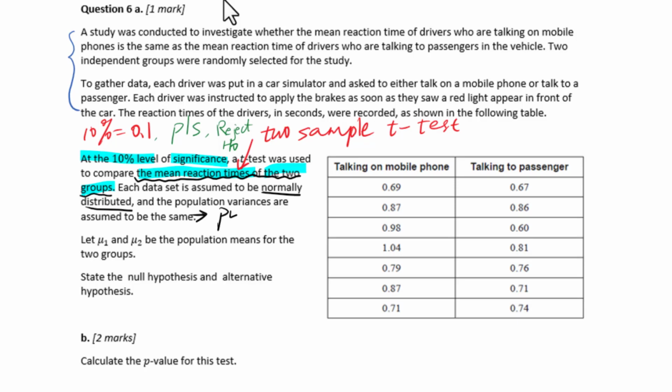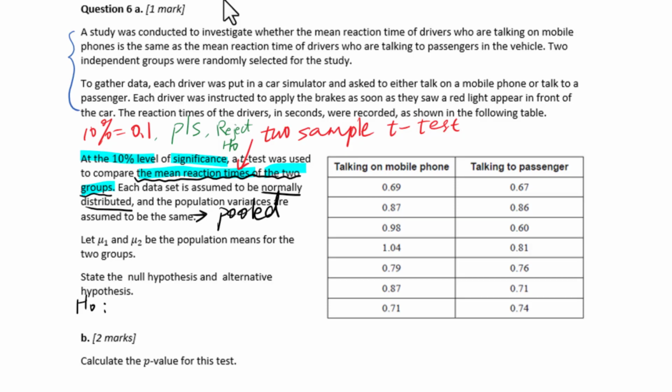This means you will use a pooled two-sample t-test. Let mu1 and mu2 be the population means for the two groups. State the null hypothesis and alternative hypothesis.